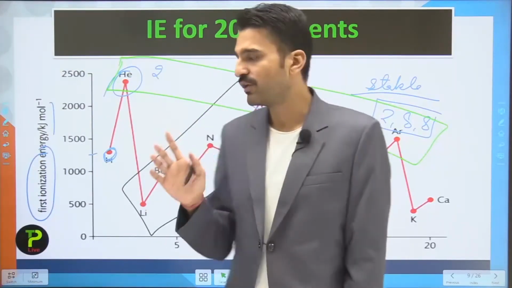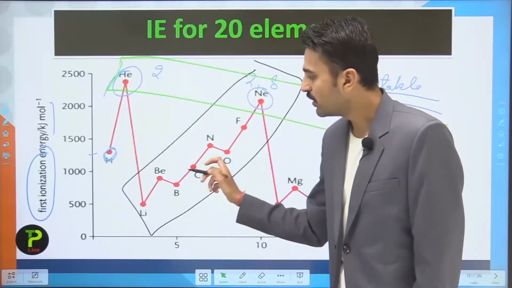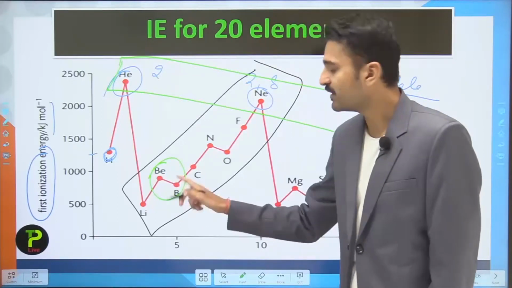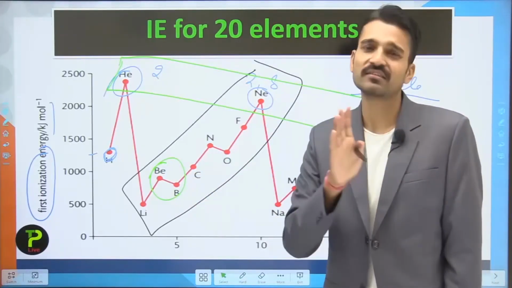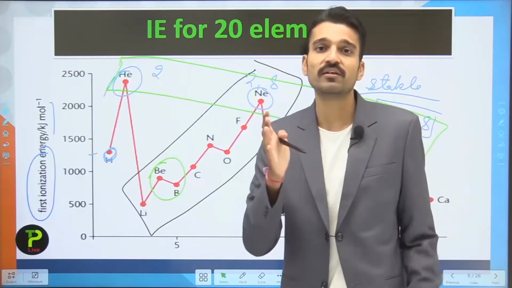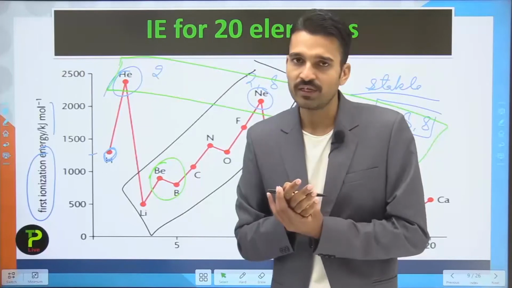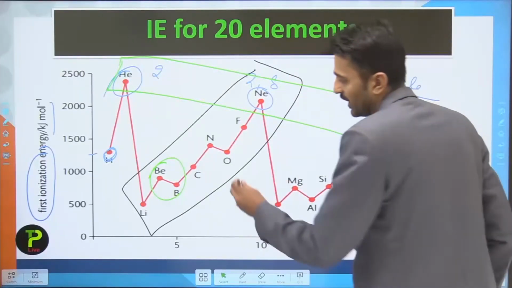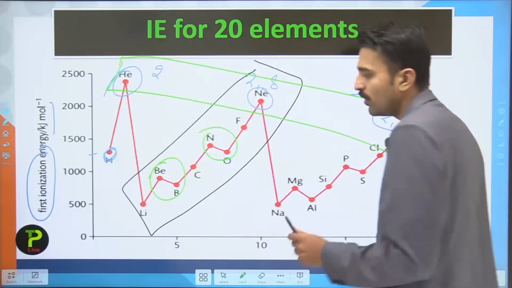So remember, students, this particular point: the ionization energy for beryllium is higher than that of boron. This kind of question is always asked in your examinations. As we know, the trend for ionization energy while moving across a period is increasing, but there is an exception for beryllium and boron and also for nitrogen and oxygen.